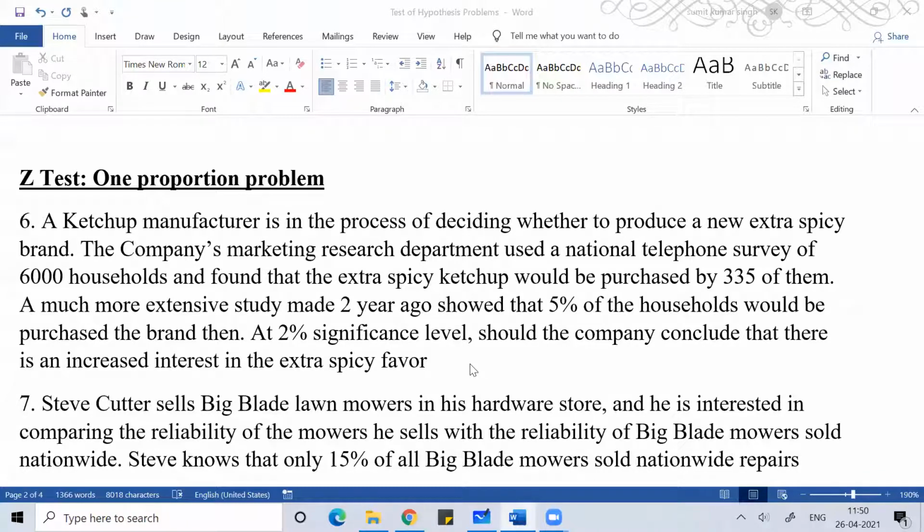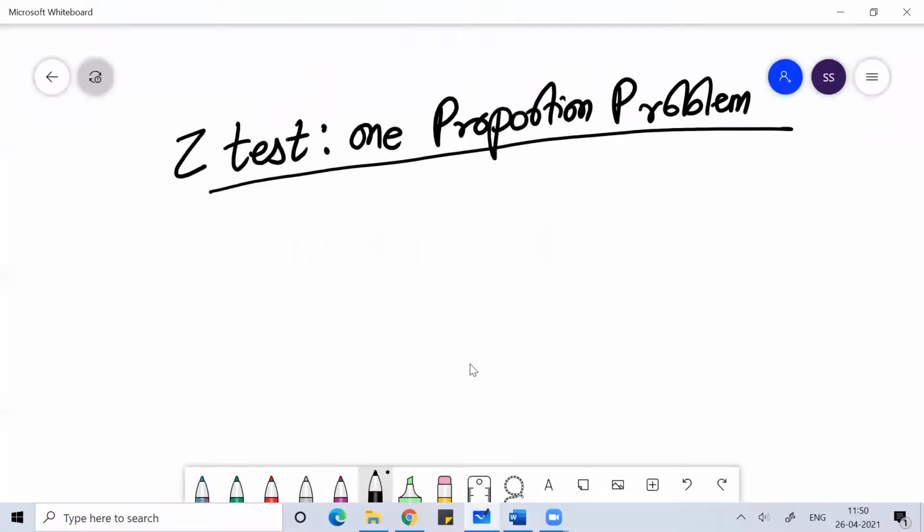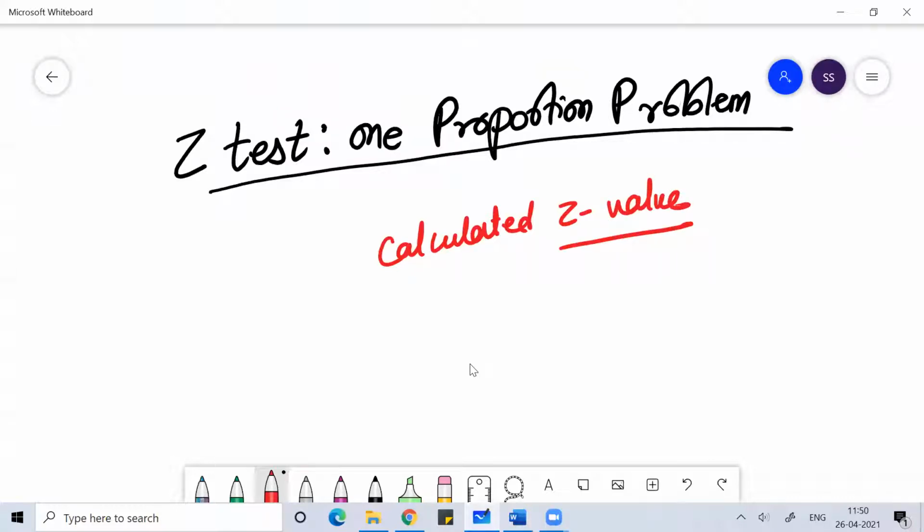When we are doing a Z test one mean problem, how did we find the calculated Z value? We found the calculated Z value with the formula x bar minus mu divided by sigma by root n.